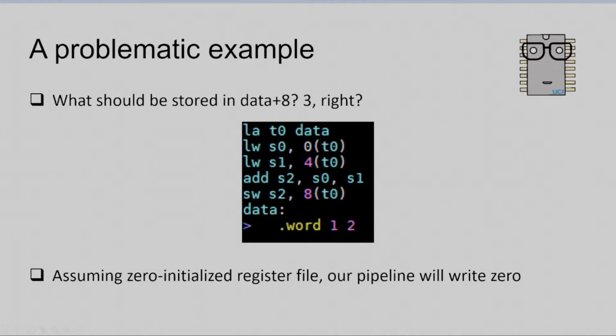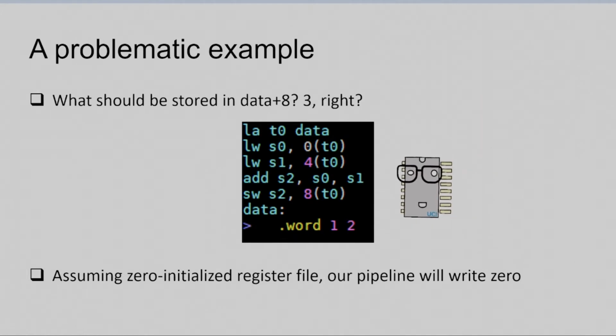Just to quickly go over what the example was: we load some immediate value, the address of the data label, into T0, and then treating the value inside T0 as an address, because it is an address, we load the first word from the data section, and then the second word from the data section by giving it an offset of 4.